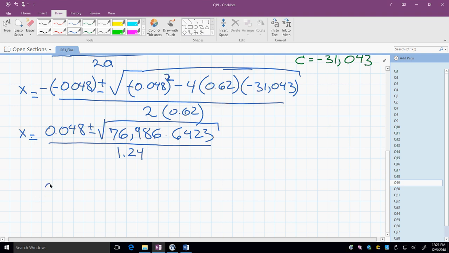I'm gonna rewrite all this: plus or minus 277.464, and you keep on going. All of that divided by 1.24.